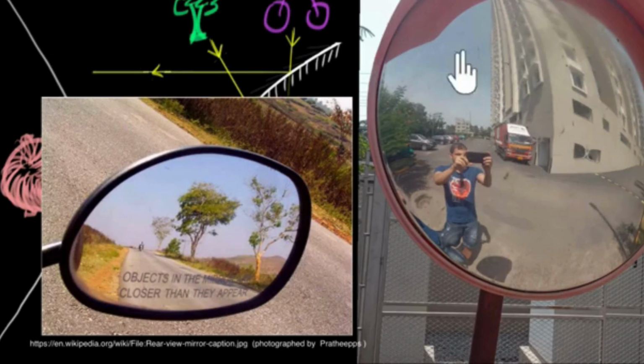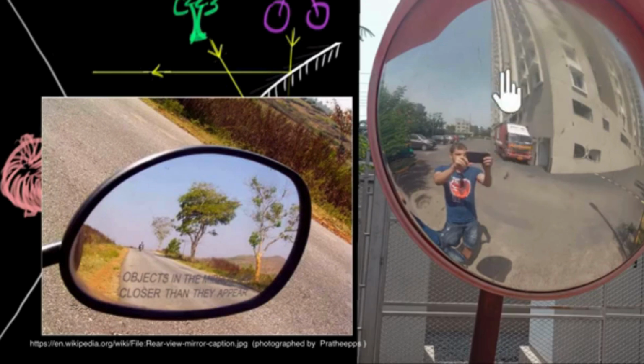Which means a convex mirror can fit more things compared to what a flat mirror can fit in that same area, correct? But in order to fit more things, the things have to become smaller. Think about it. If you want to fit more things in that same area, shouldn't they all become smaller, right?